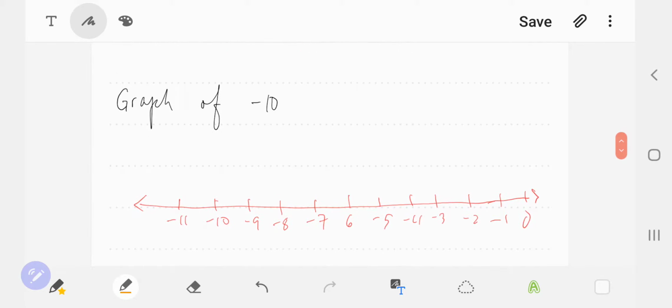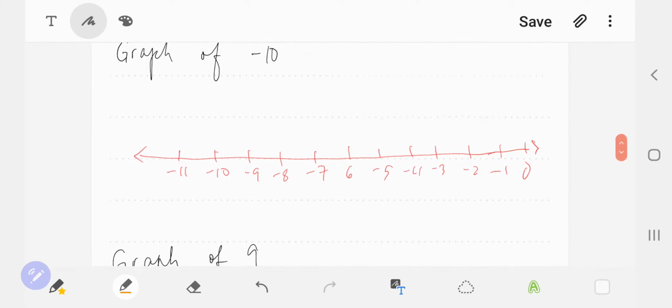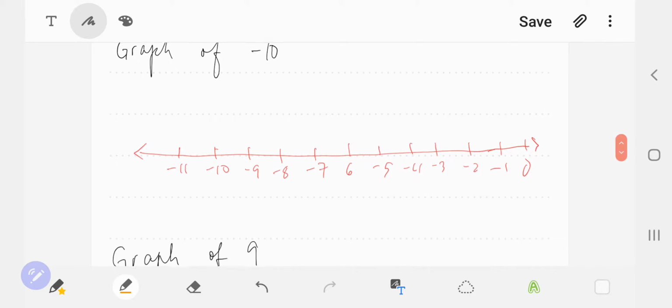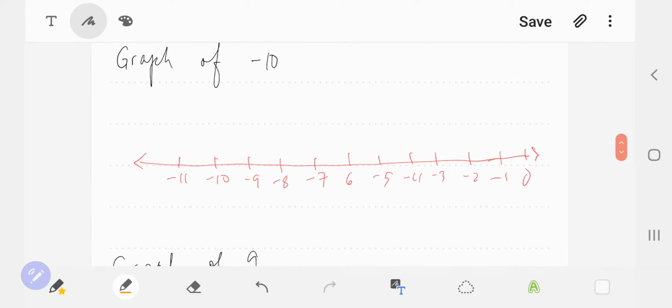Next, we'll graph negative 10 using the same number line. That's negative 10, as you could see here. So from the farther right, I began with 0. We're gonna move 10. Sorry, it's not a straight line, but that's supposed to be a straight line.